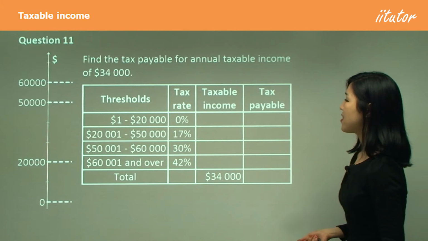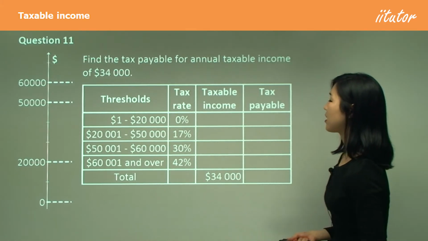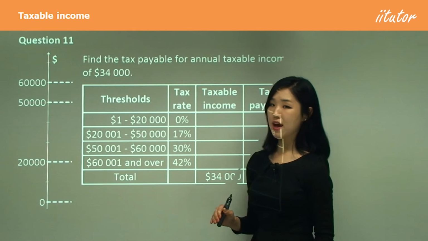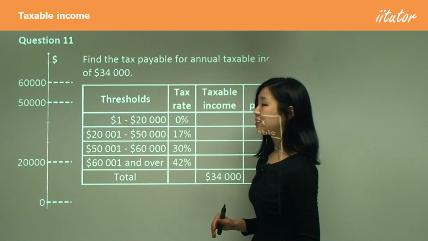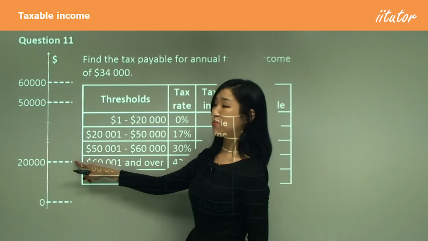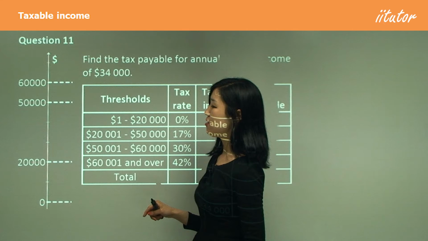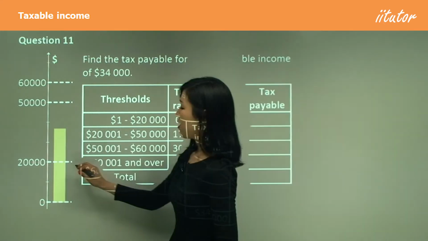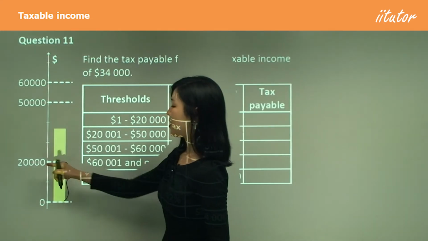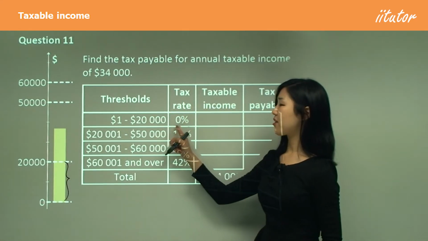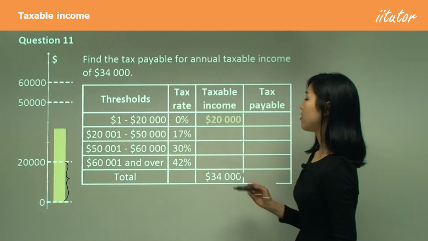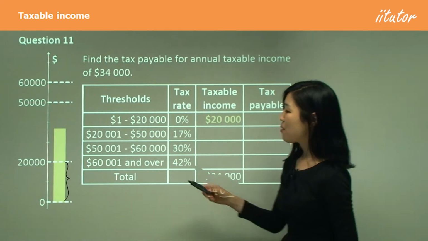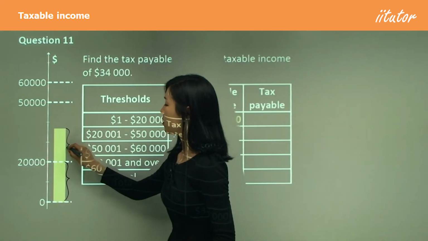Now 11, find the tax payable for annual taxable income of $34,000. Where approximately does $34,000 lie? Well, it definitely exceeds 20,000, but it's going to be a little less than 50,000, so approximately there. There is the $34,000. This much, which is the $20,000, we have to calculate 0% tax. So for $20,000, we calculate 0% tax. How much is this part?